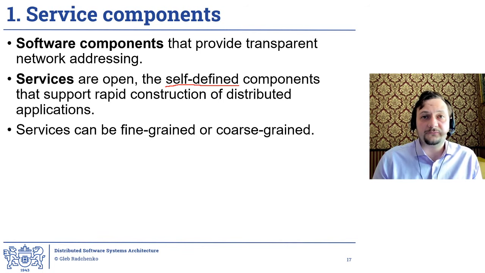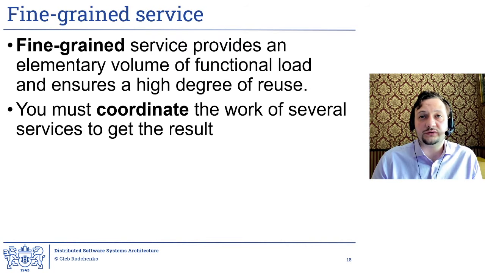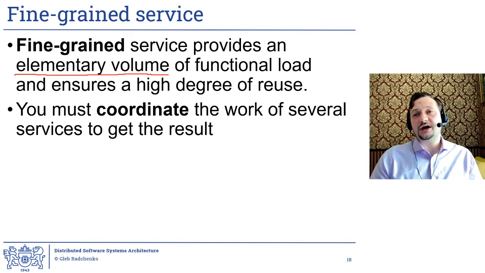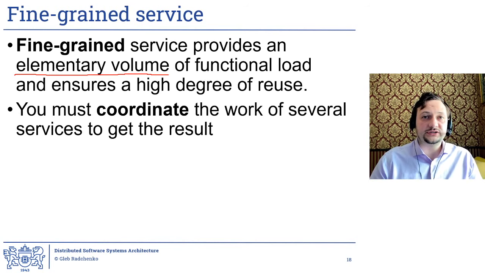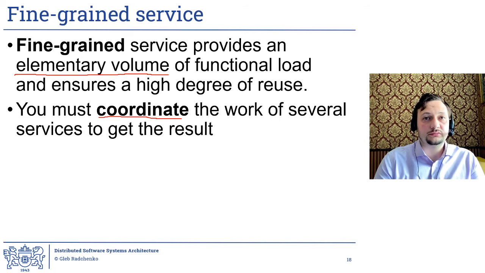The difference between them is that the fine-grained service provides elementary volume and functional load, and it ensures a high degree of reuse. And to organize the implementation of a specific system, you must coordinate or orchestrate the work of several services to get the result.